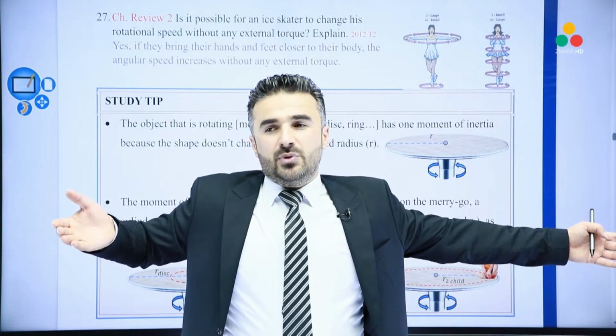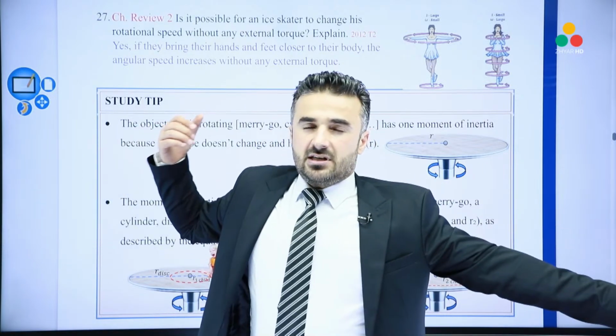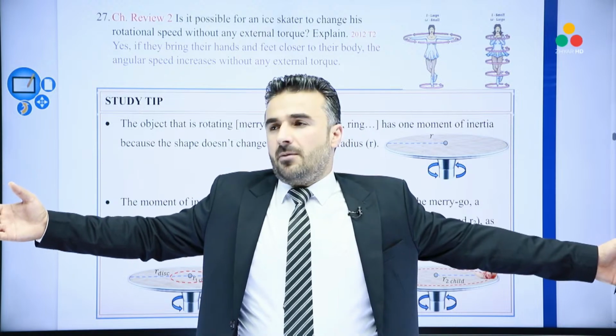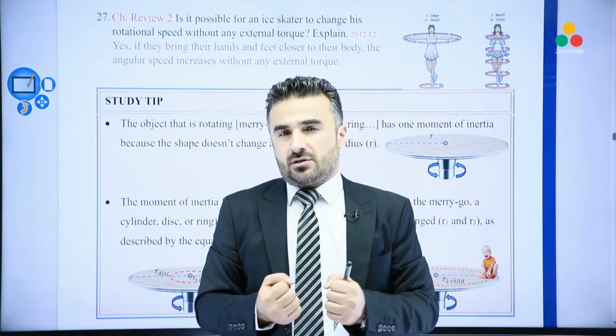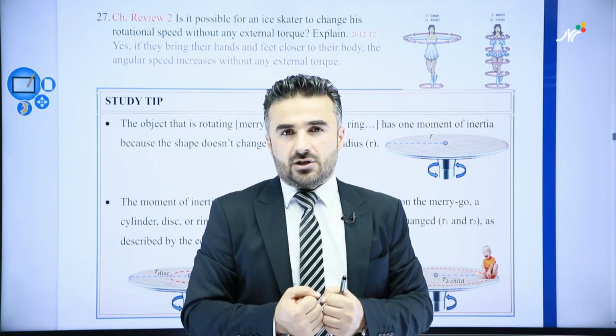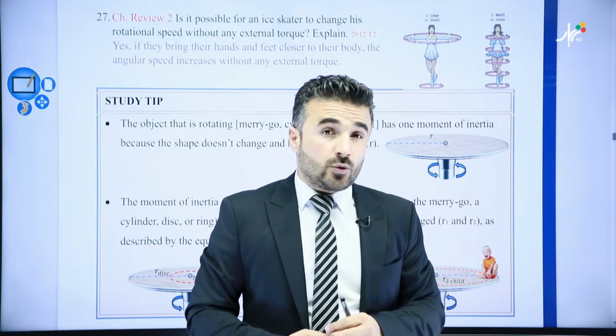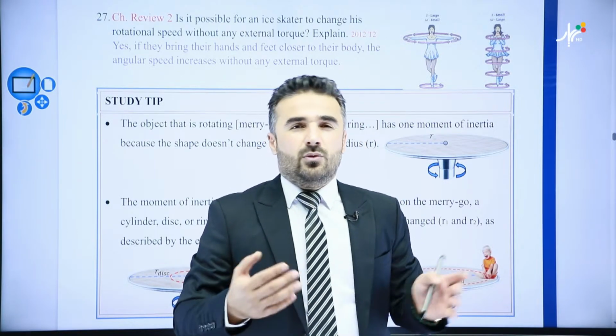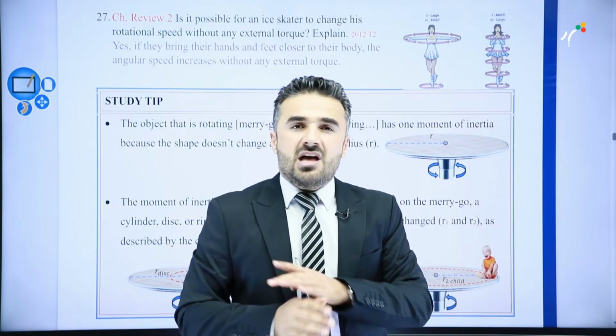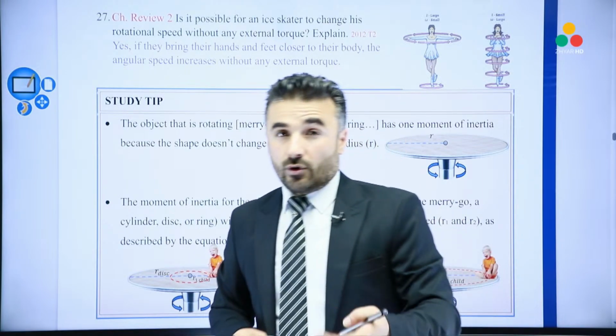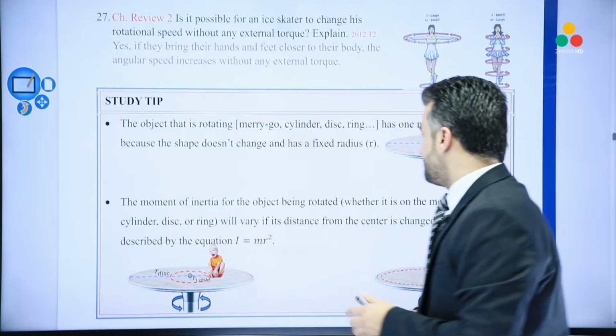What happens if she or he brings the arms closer to the center of the body, to the center of rotation? Then of course moment of inertia reduces, angular speed increases, so they will spin faster even without any net torque.